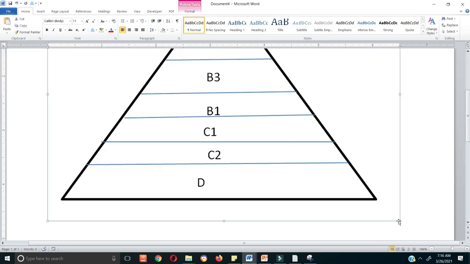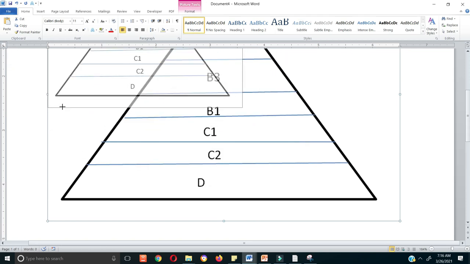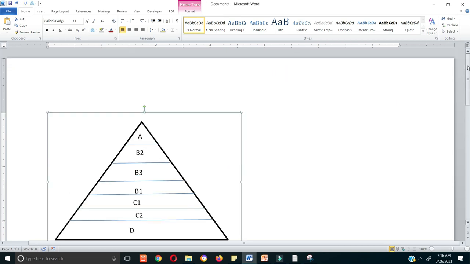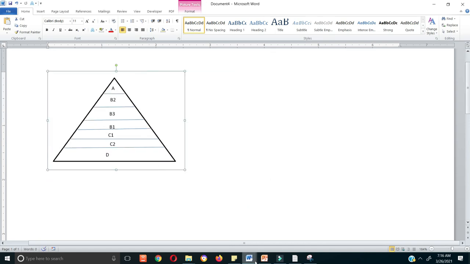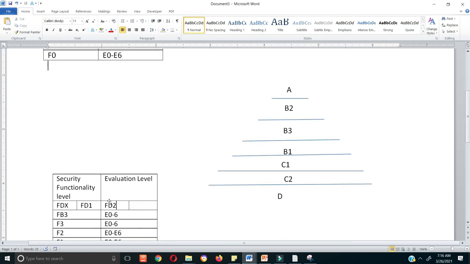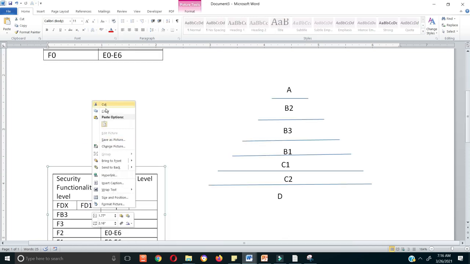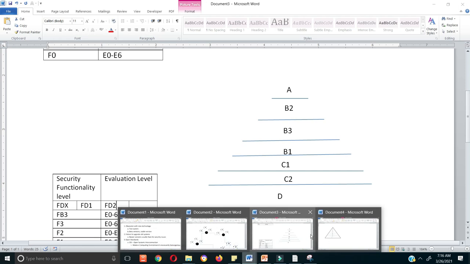So we have this, which is the ITSEC criteria. That over there is the ITSEC criteria, and this over here is the ITSEC criteria.